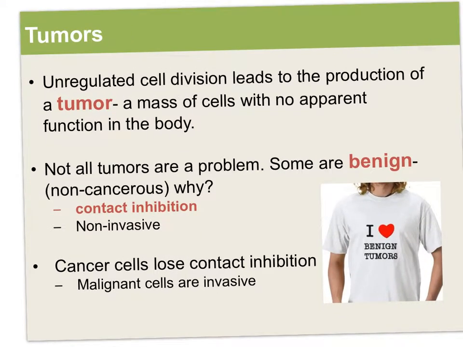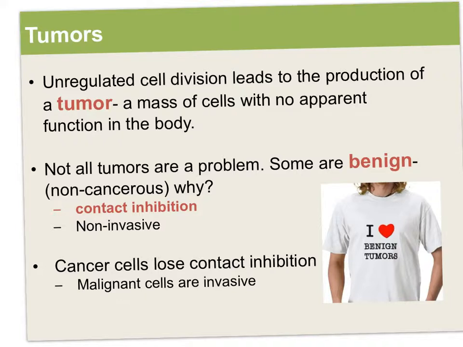Now, the little video that we looked at showed what happens when there's uncontrolled cell division. Usually you get a tumor, unless it's a blood cancer or something like that, like leukemia.